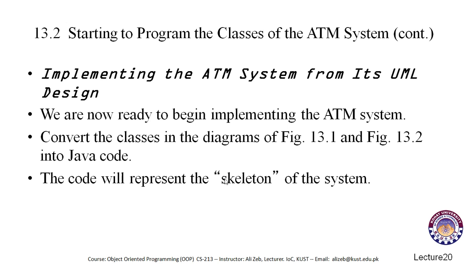The code will represent the skeleton of the system. Initially, we will create our classes and add the code that we can, and then make further amendments and additions to our initial code.